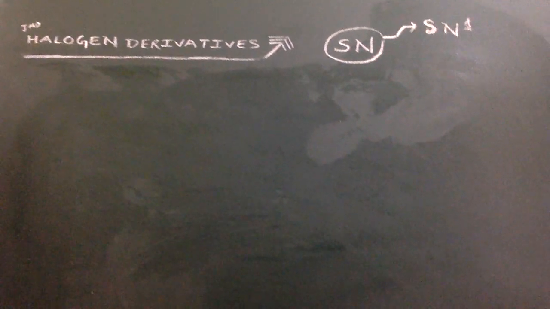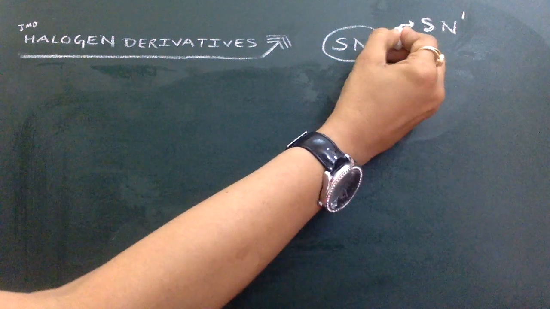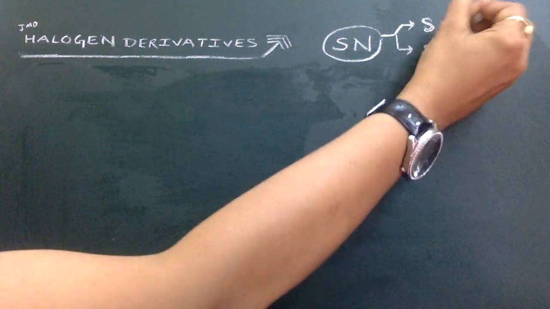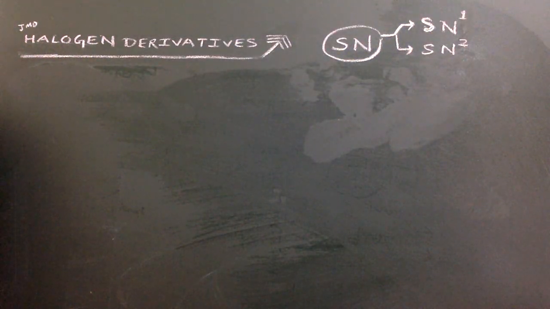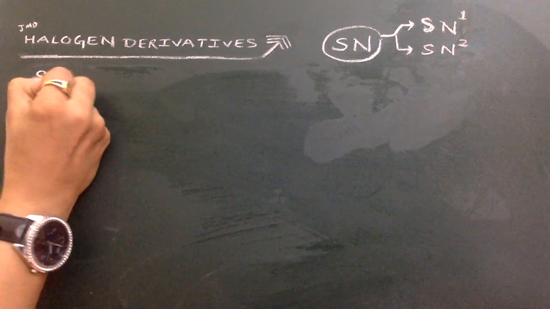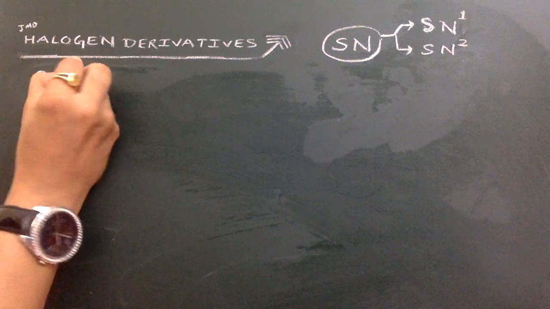I hope now it's clear to everyone. Now what we have to understand is what SN1 and SN2 are, first of all. Let us take the SN1 reaction first.